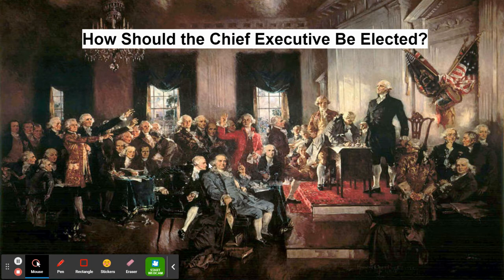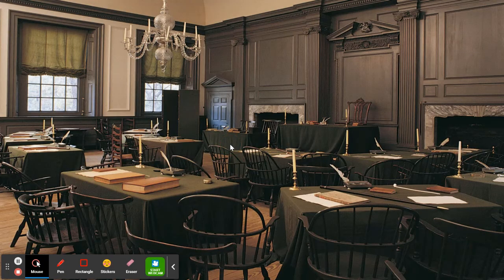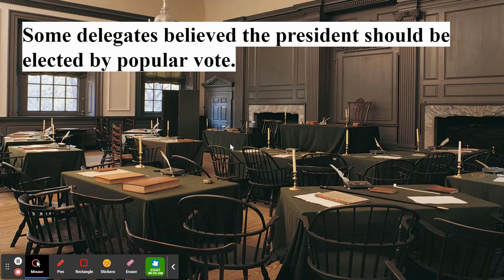And the last issue that the delegates at the Constitutional Convention needed to address: how should the chief executive, the president, be elected? Some delegates believed the president should be elected by popular vote.